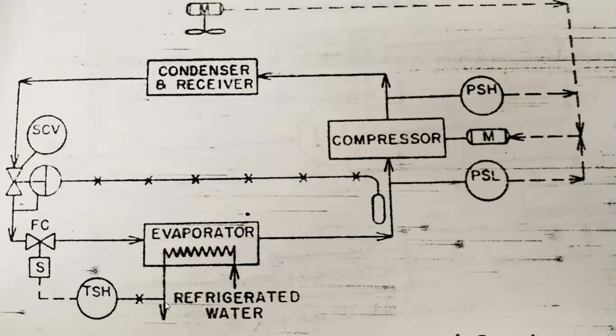You are sensing by taking in the refrigerated water outside, the temperature of the water. Refrigerated water is sensed to indicate the temperature status, high or low, and then accordingly the flow of refrigerant to the evaporator is controlled. That's how we are basically controlling the refrigeration system.